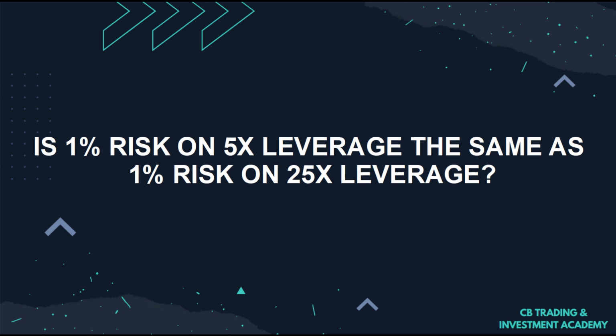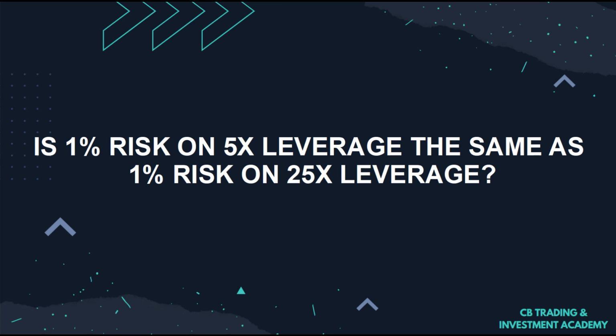Bitcoin doesn't move much percentage wise, so that's why you use high leverage on Bitcoin, because Bitcoin doesn't easily move 1% or 5%. So then you need higher leverage to make profits from that move, or you should have very high margin.